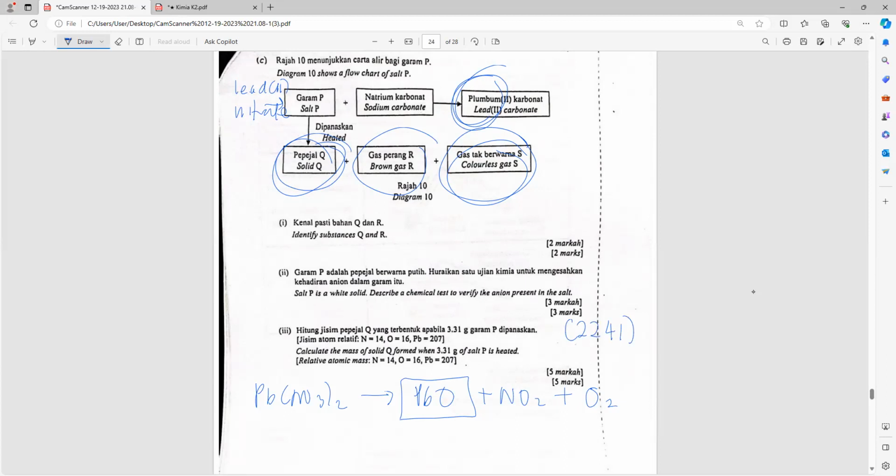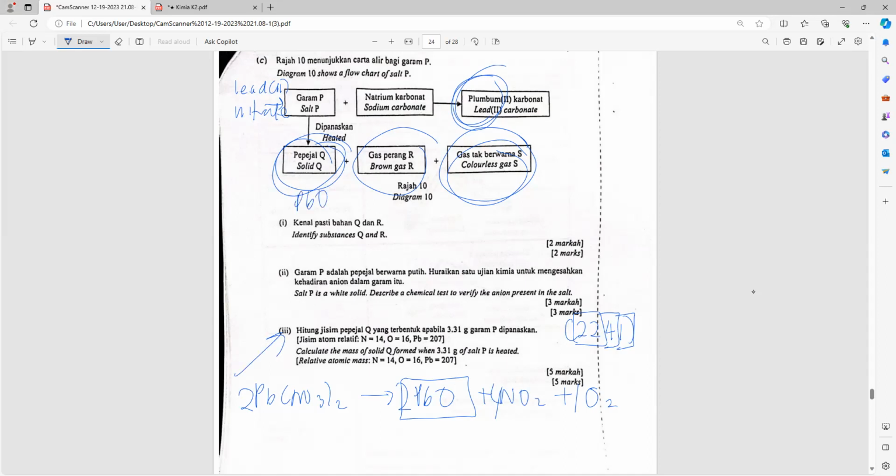Puan Shina's birthday is on the 22nd. 2 plus 2 is 4. There's only one Puan Shina you see in this whole wide world. Hopefully. So here will be 2, here will be 2, here will be 4, here will be 1. Why you needed to do that? Because later we got a calculation question. So teacher just wants to establish that. So yes, this is PbO.